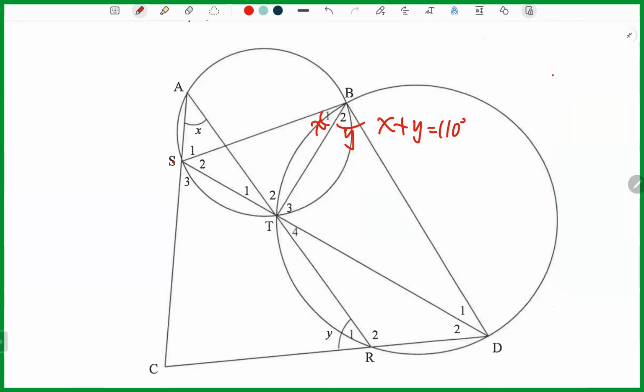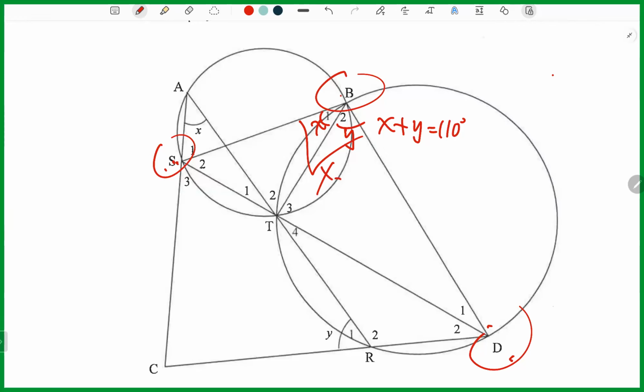And that means SBD is 110 degrees. The angle SBD is 110 degrees. And if SD were a diameter, it was going to subtend an angle of 90 degrees, but it is not the case.